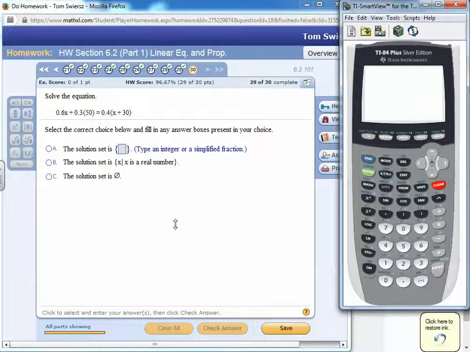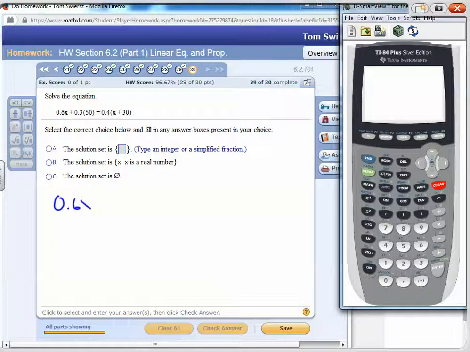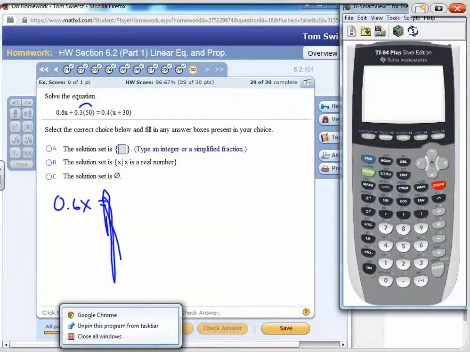All right, let's go back. So we have 0.6x. All right, let's multiply. 0.3 times 50 is actually 15.